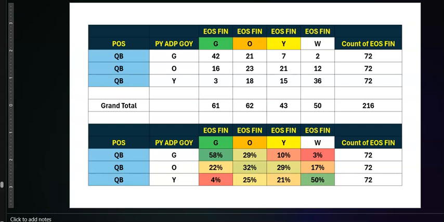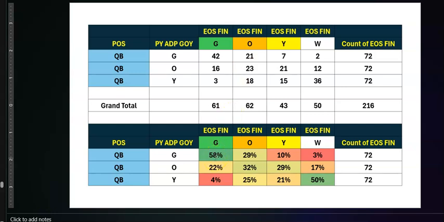So this chart here, look at preseason ADP, GOY, quarterback, and end of season finished here, and I actually just did a simple count here. So the greens, right, over the 2019 to 2024, 72 total that were in the top 12, 42 of the 72 finished in the top 12, right? 63 finished in the top 24.